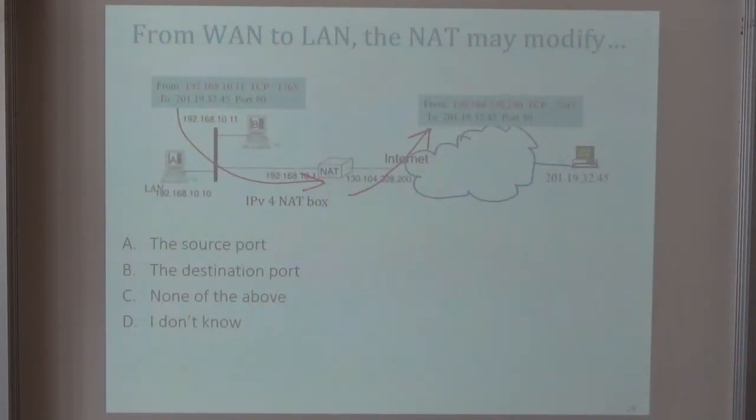In the reverse direction, what may happen? So I'm showing in red here the direct communication from LAN to WAN, and the question is in the reverse direction, from the WAN, which is on the right, to the LAN on the left. I close in 5 seconds.